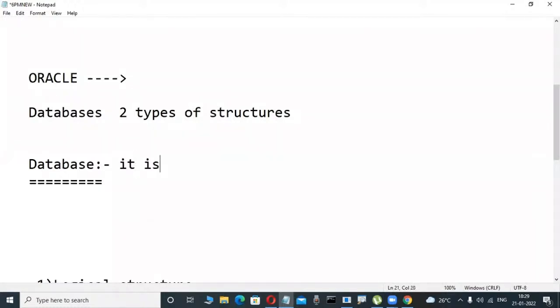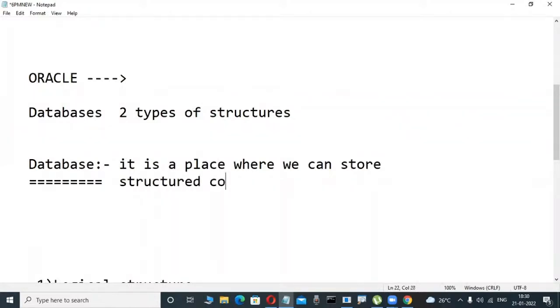It is a place where we can store a structured collection of data. What is data? What is information? What is DBMS? That is later.